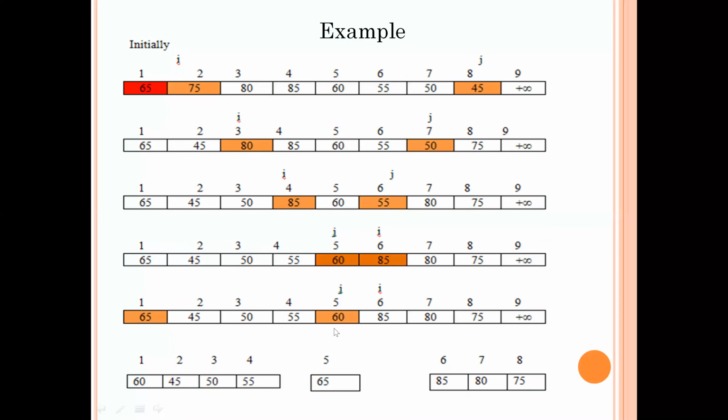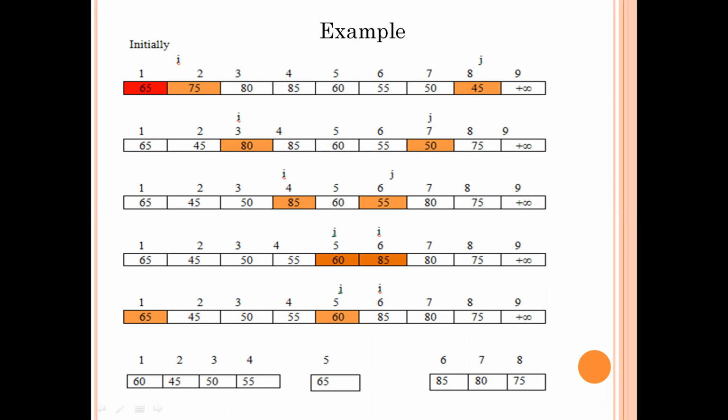Now if you observe, once you got the 65 here, it has divided the list into 2 sublists: from 1 to 4 one list and from 6 to 8 another list. You can find all the elements less than 65 in the left sublist and the elements greater than 65 in the right sublist.